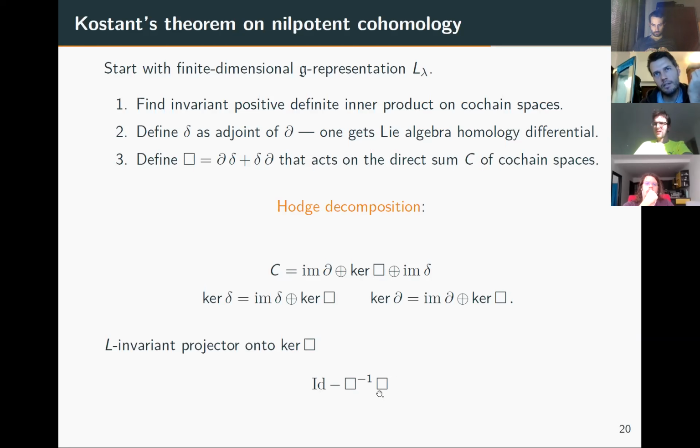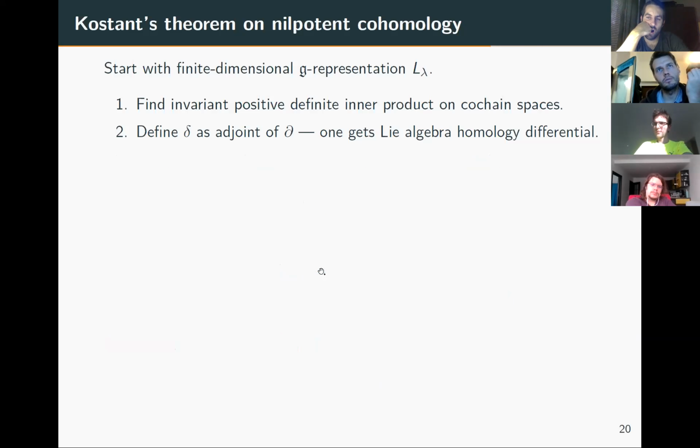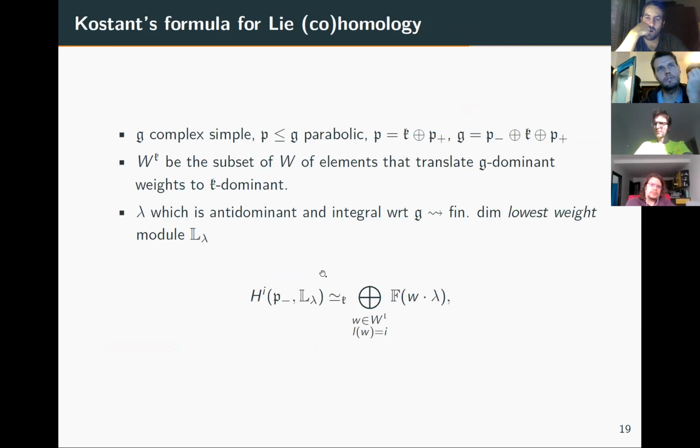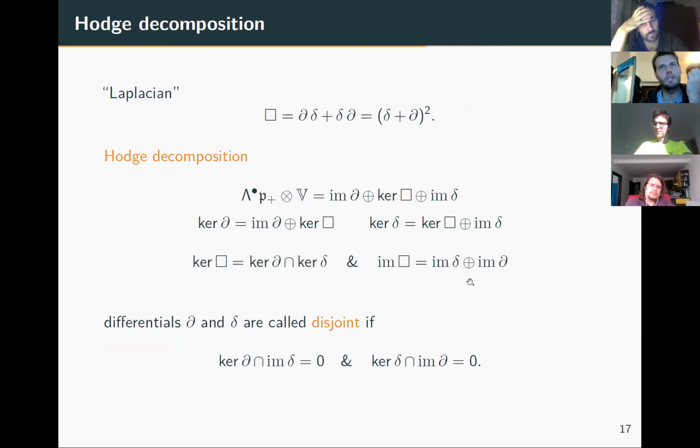And you can actually write this just because you have this Hodge decomposition, just because the image of this algebraic Laplacian is the image of these two differentials, right? So this is still part of this. It's not written explicitly here. No, it is. It's here. Image of the Laplacian is the sum of the images. So the kernel and image of this Laplacian intersect just at 0.